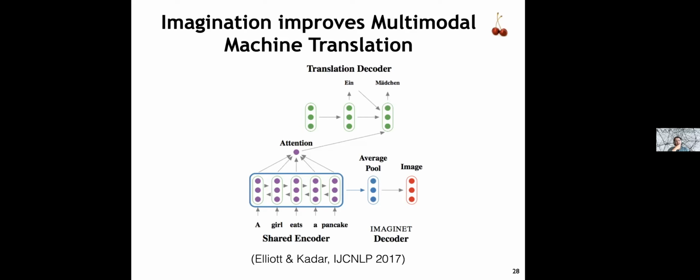And what we see here is an example of a paper where they try to predict the translated sentence, like here, a girl eats a pancake to ein Mädchen isst ein. But what they show in this paper is essentially that when the decoder also tries to imagine the image that corresponds to the sentence, they could get an improvement. Again, with a multitask learning objective here.